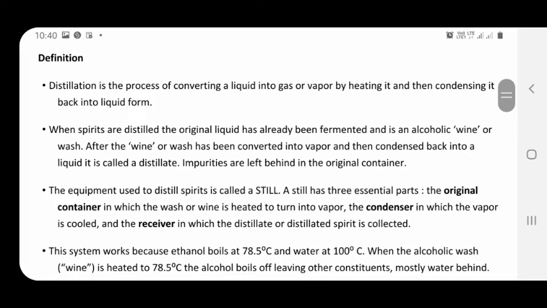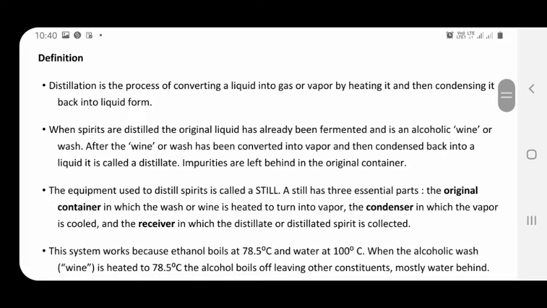In this process, we heat one pot, the liquid evaporates, and then we collect it by condensation into liquid form.